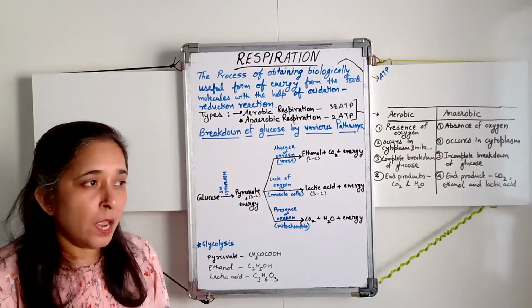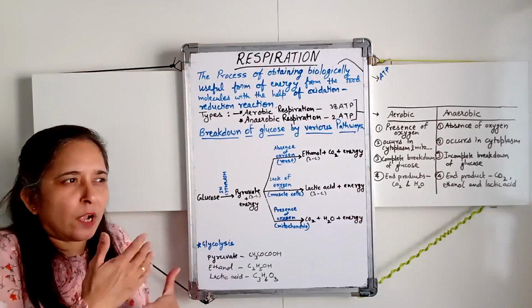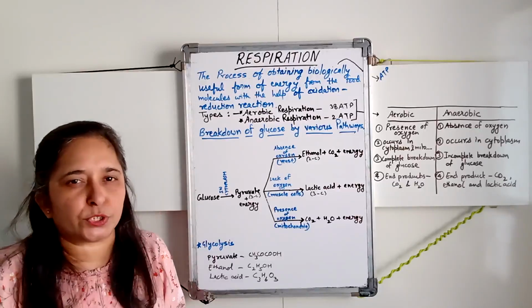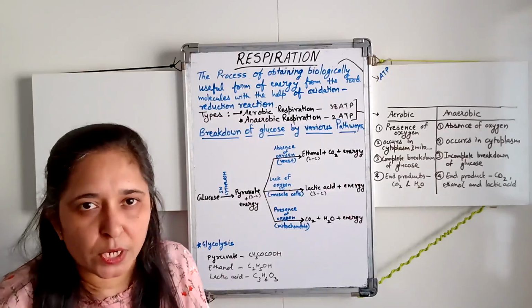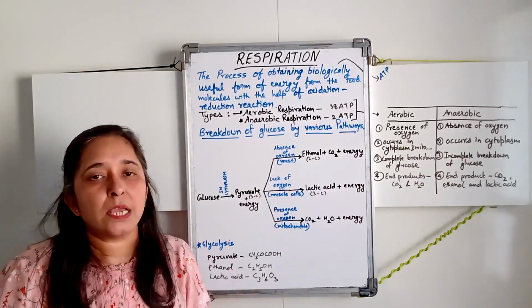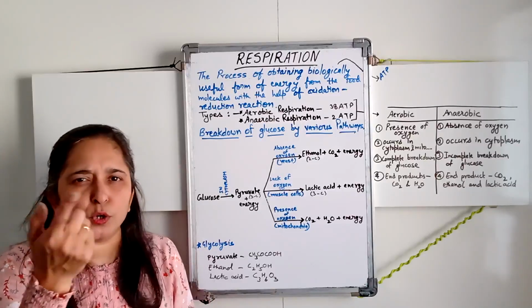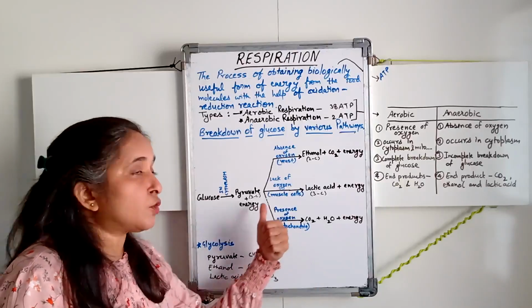Now in the board exam, how do they ask? Most alternate years, or after 2-3 years, they ask this question: what are the different pathways by which glucose breaks down and what are the end products? Sometimes this one is for 3 marks. Sometimes they ask for 1 or 2 marks, how glucose breaks down in the presence of oxygen.